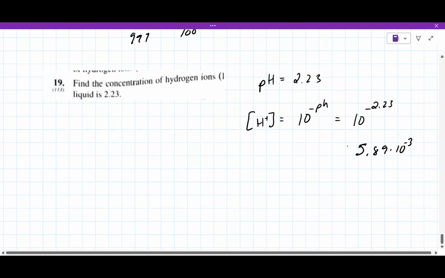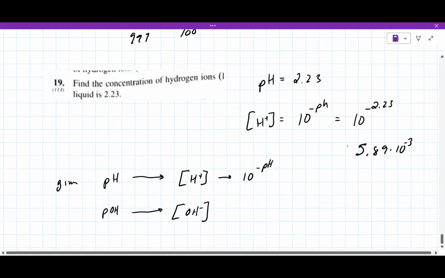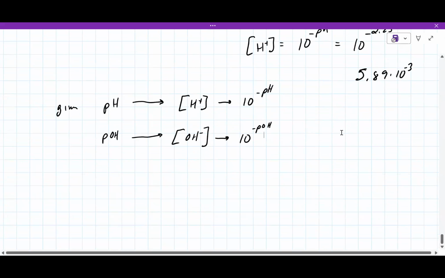So there's two formulas. If you're given the pH or the pOH, to find the concentration of H plus, it's 10 to the minus pH. If you're trying to find the concentration of OH minus, it's 10 to the minus pOH. That's what we did in this problem.